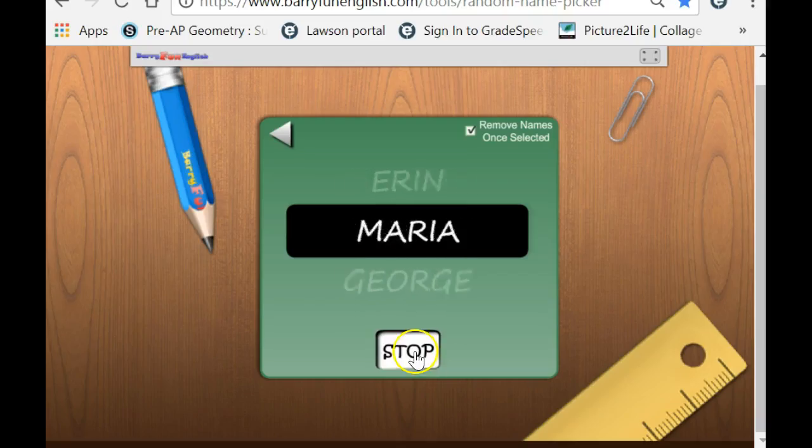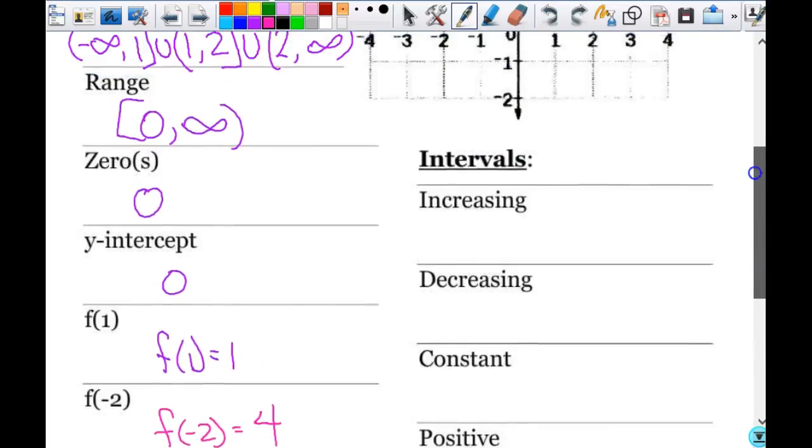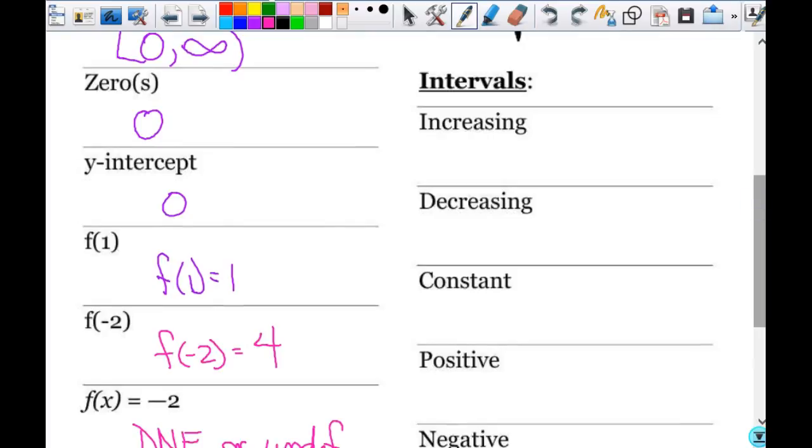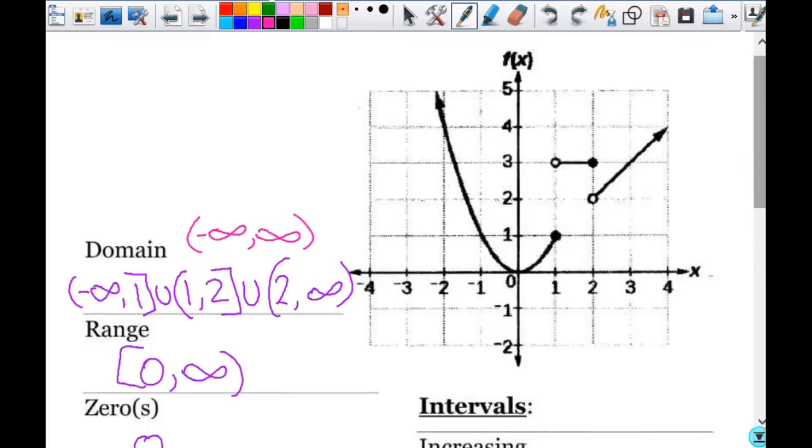Okay, so increasing interval. Kevin, the increasing interval here. Okay, so increasing means, remember we're looking at the y's, right?